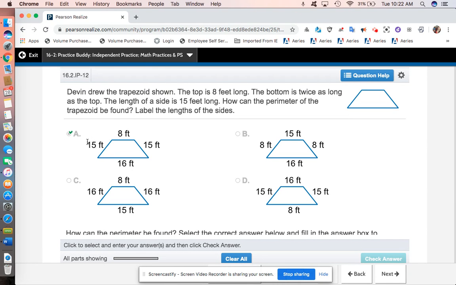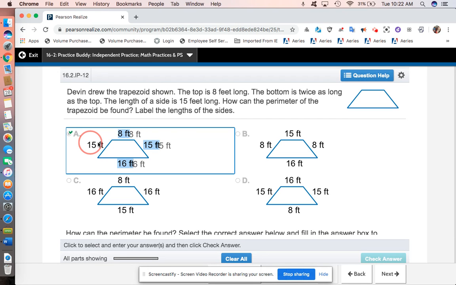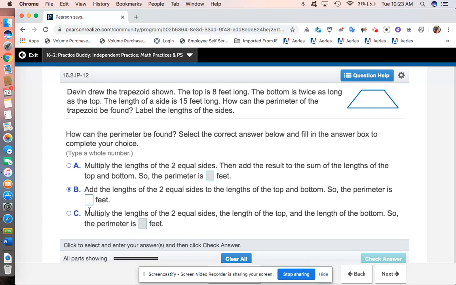We have to add this number and this number. These four numbers have to be added. 15 and 15 are 30. 8 plus 16 are 24. So we added 15 and 15 to get 30, 8 and 16 to get 24. 30 plus 24 is 54.